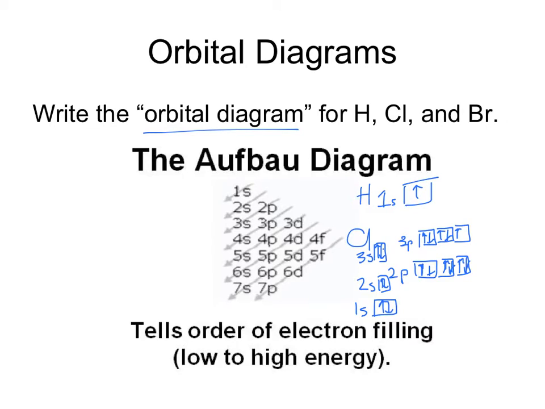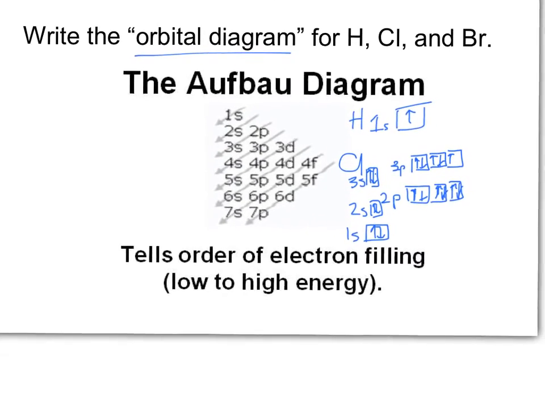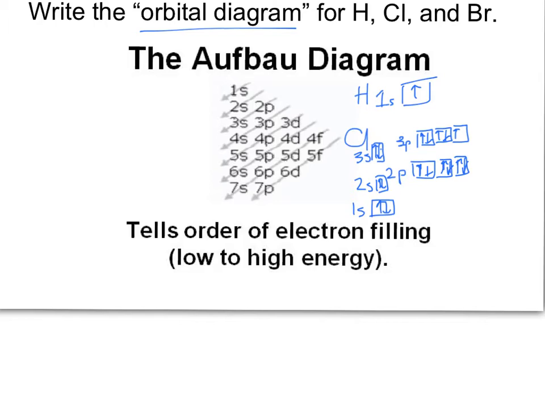Or, like I'm going to do with bromine, I'm going to slide this up a little bit. You can do it just left to right. So bromine has 35 electrons, so this is going to go for a little while. We have our 1s, 1, 2. We have our 2s, 3, 4, 2p, 1, 2, 3.